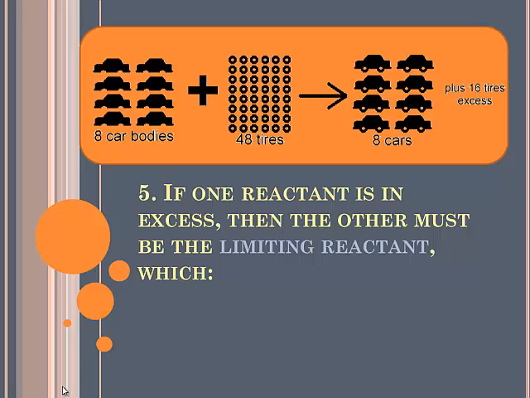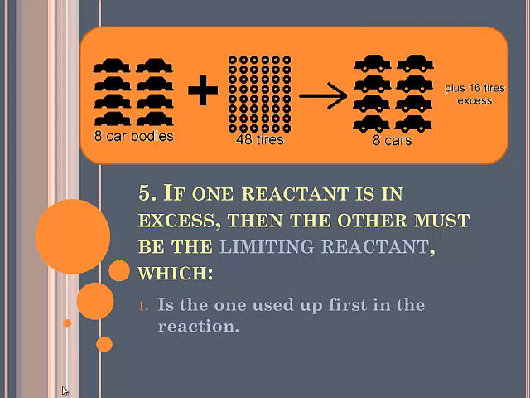Looking at the example up at the top, I have 8 car bodies and 48 tires. The question is, which one limits how many cars you can build? Well, the car body. And going back to what we just said, how would you choose which one you want to have in excess? Well, it makes a lot of sense that one, it's cheaper to have extra tires kicking around, and two, it's a lot easier to get rid of extra tires than it is to get rid of extra car bodies.